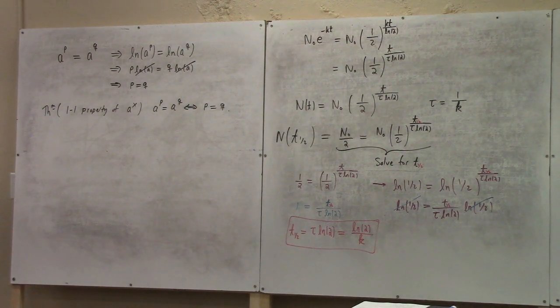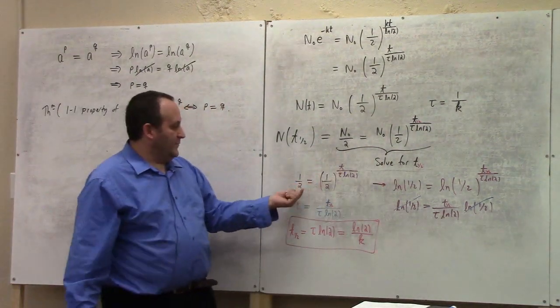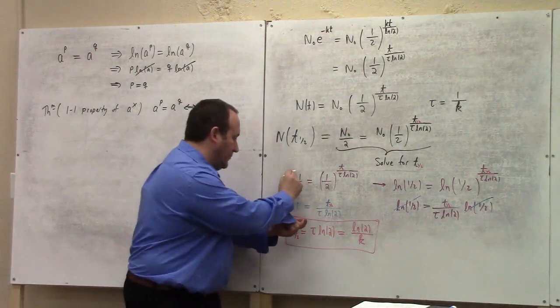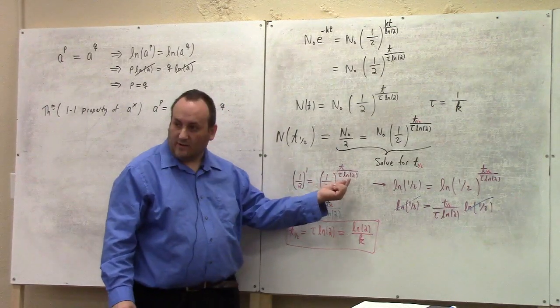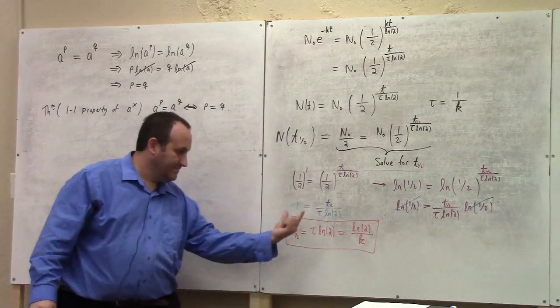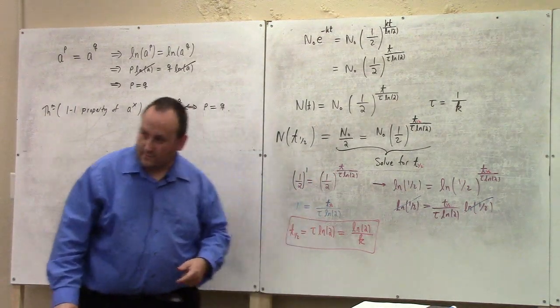And we can derive that by taking the log, but if you see it, then you don't have to take the log. You can just say, oh, p equals q. In this context, once I had 1/2 to the 1 equals 1/2 to the t over tau log 2, you could have immediately gone to that blue equation if I take the log out.